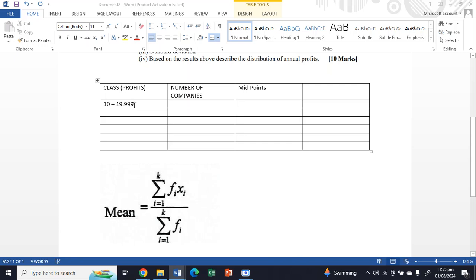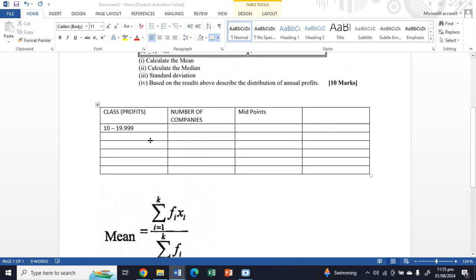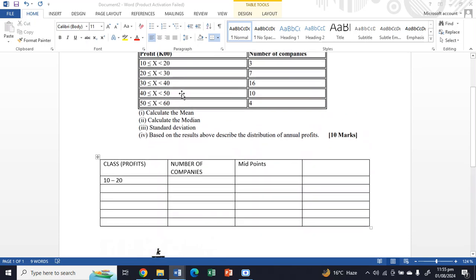But you do not want your work to be dirty, because if you're using these decimal places, there'll be decimal places in your tabulations. So you want to be dealing with whole numbers. So this 19.999 you can still round off to 20. The same for this next class, 20 but less than 30. Since these profits can have decimal places, it can be from 20 to 29.999999.